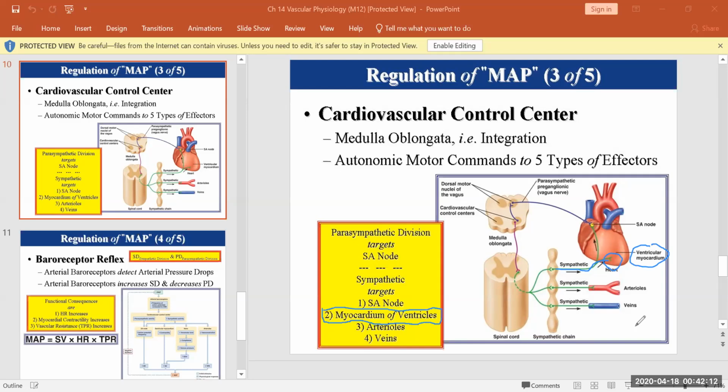They will cause your heart to beat stronger, to squeeze stronger. So if you contract stronger, you will eject an amount of blood that will also be increased. In other words, if you increase the strength of contraction, SV, stroke volume, will also be increased. So that's how the sympathetic division affects the mechanical component of the heart. Okay?